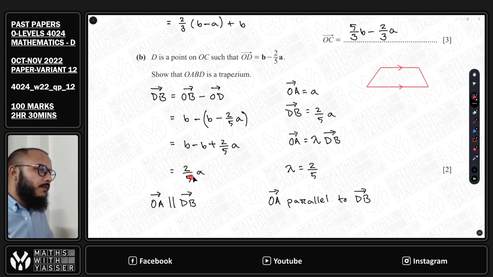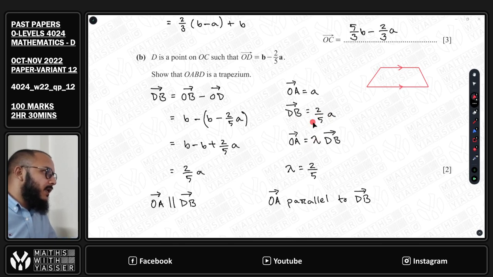Then we will be having 2 over 5A. This value is already giving me a hint that the lines are parallel. So OA is parallel to DB. How? If OA is A, which is already provided, and DB is 2 over 5 then A, so OA is connected by a constant.